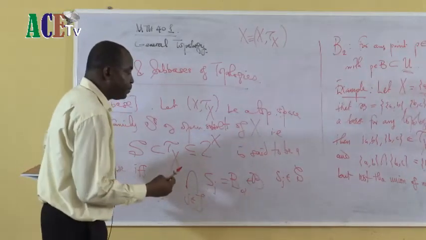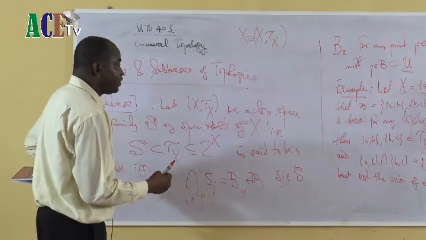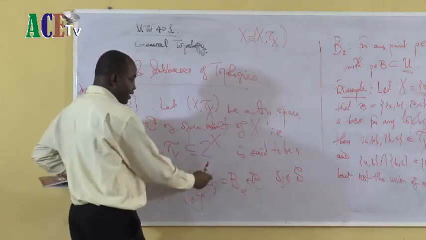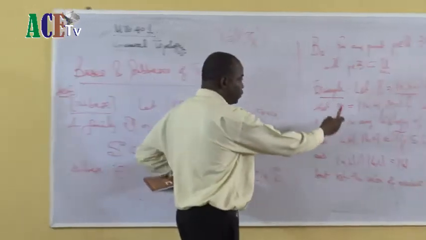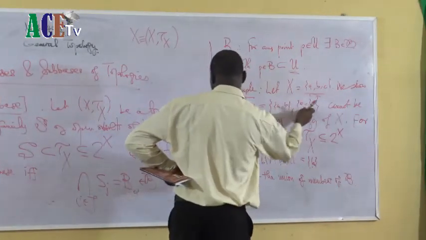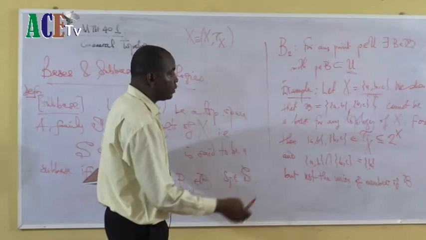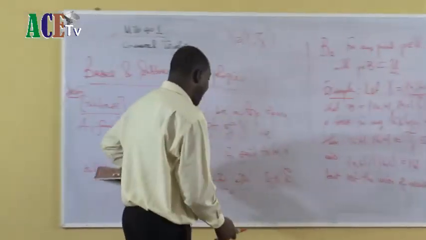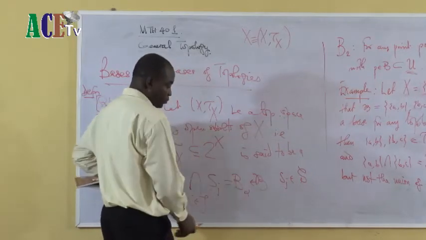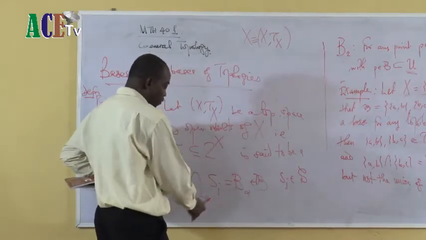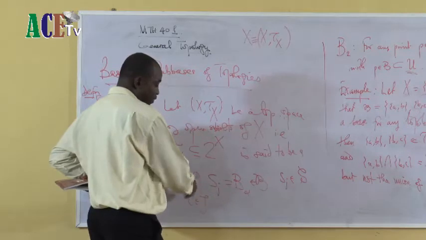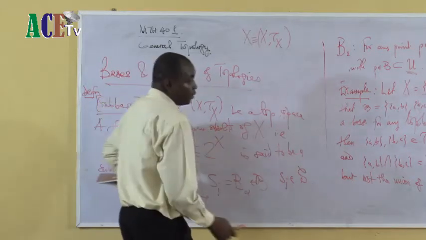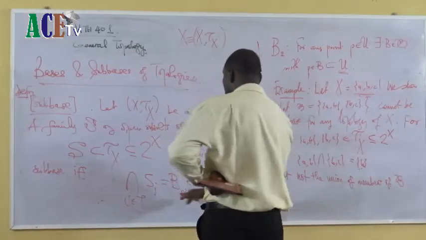By the time you take the intersection of members of the base, or let me say any two subsets of a topology, the outcome of as many arbitrary intersections of elements of those sub-bases gives you a base.